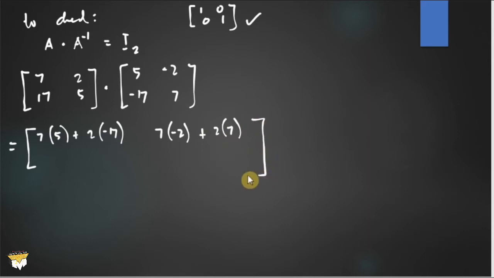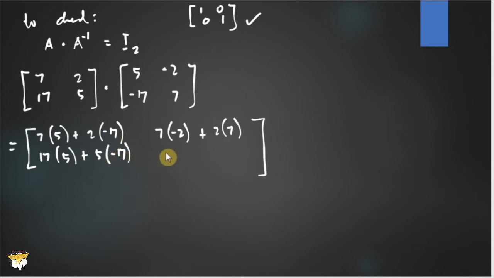Right? Then, next row tayo, we have 17 times first column, we have 5, then plus 5 times negative 17.